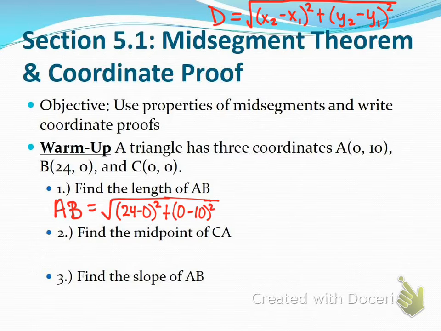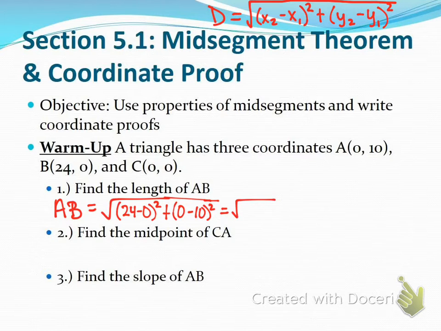All right, remember to be consistent when you do that, meaning we started with the 24 for our x's, so we had to start with the 0 for the y. If you had done it the other way around, started with your 0 for x, then you should have started with 10 for your y's. It doesn't matter which way you do it as long as you are consistent.